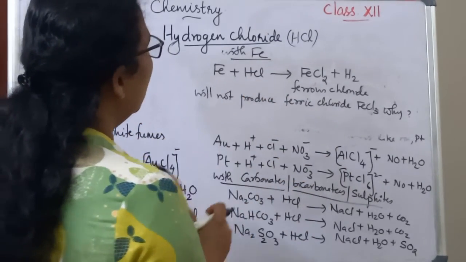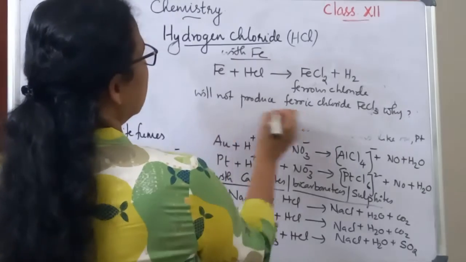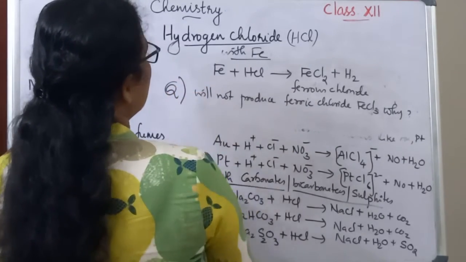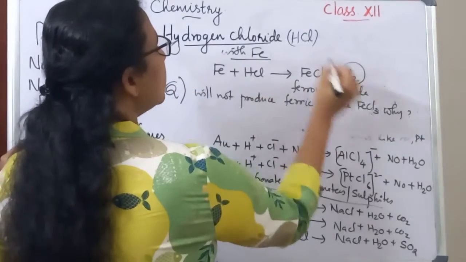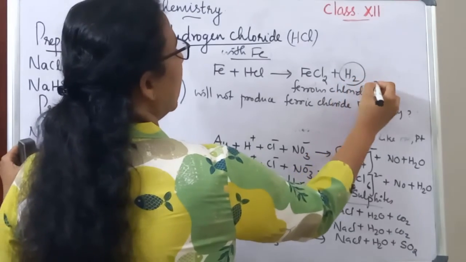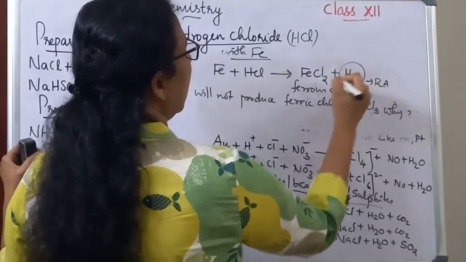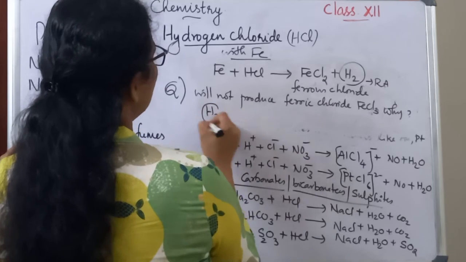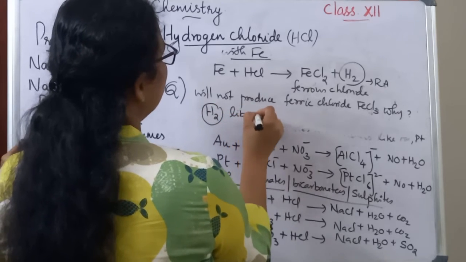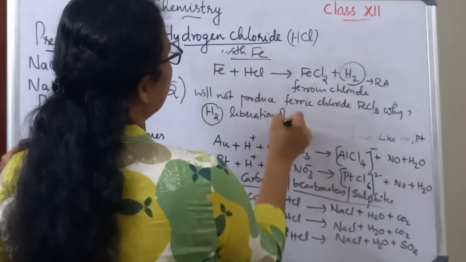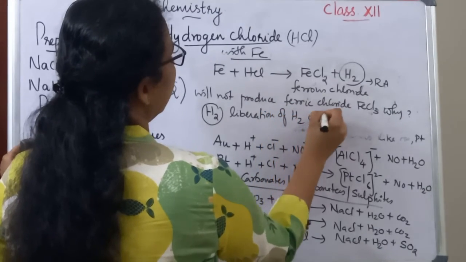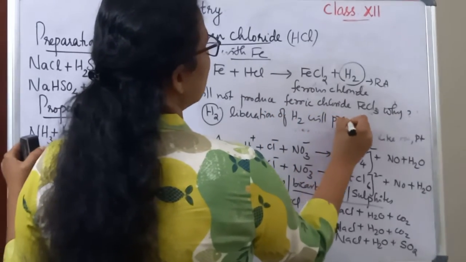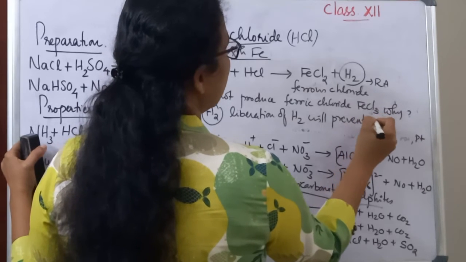Why doesn't it form FeCl3? That is an important question. So here the H2 produced will be acting as a reducing agent, and this liberation of H2 will prevent the formation of FeCl3. That is the answer.